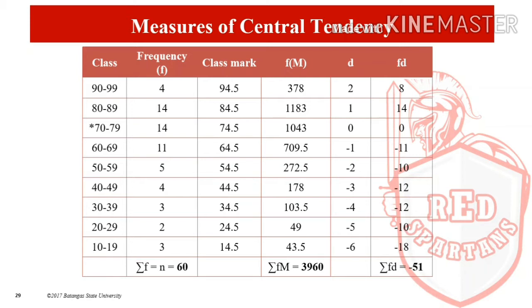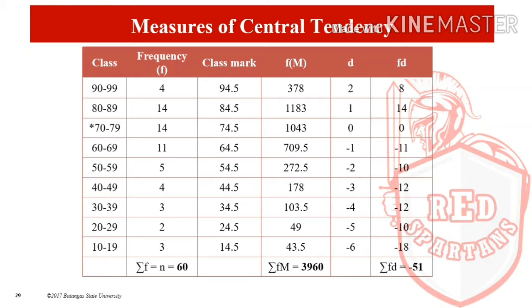Then, kunin na din natin yung distance. So, paano ba natin ma-determine yung kanyang distance? So, ang gagawin nyo muna, since meron kayong n equal to 60, ano ba yung kanyang median, or ano ba yung kalahati ng 60? So, di ba 60 divided by 2 equal 30. Hahanapin natin dun sa ating class interval kung saan ba papasok yung pang-30 na score.